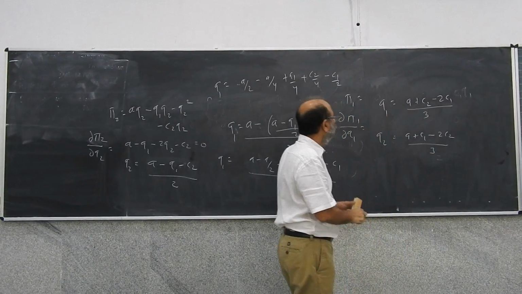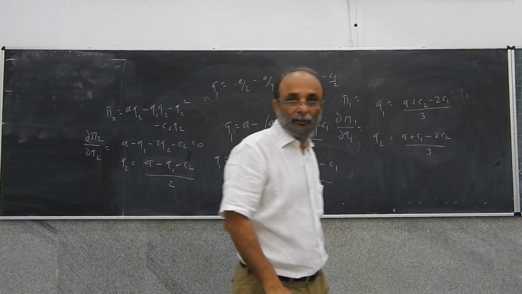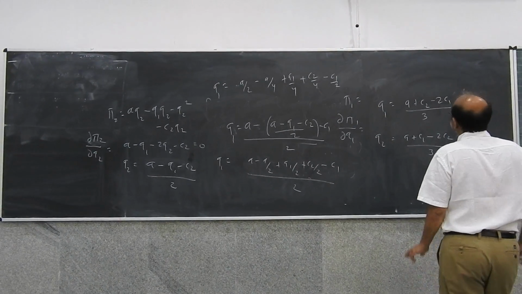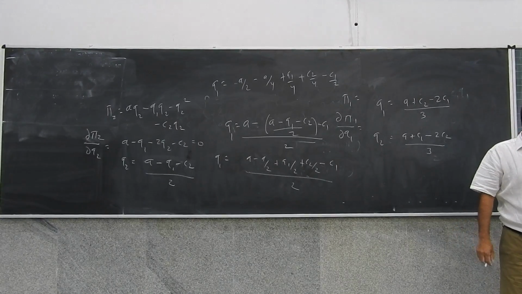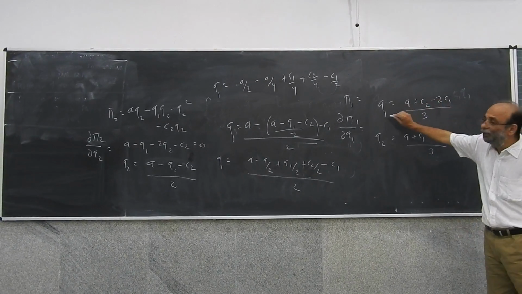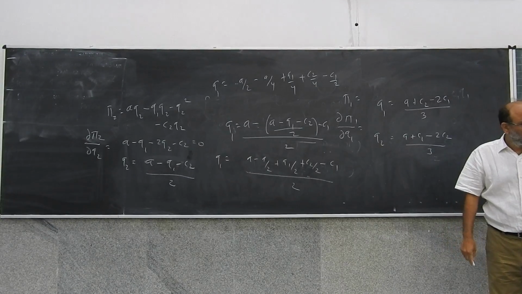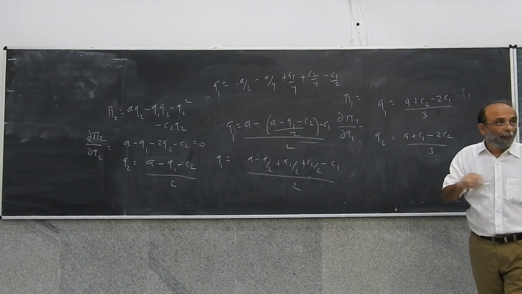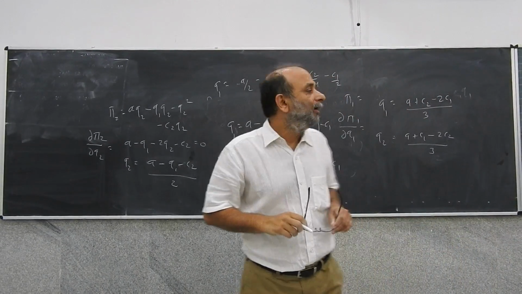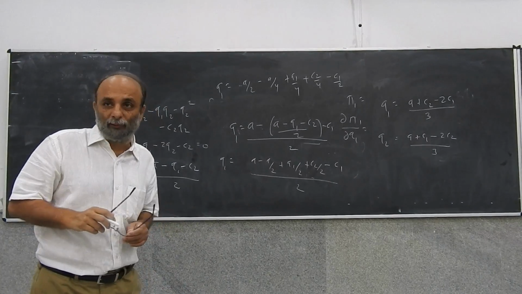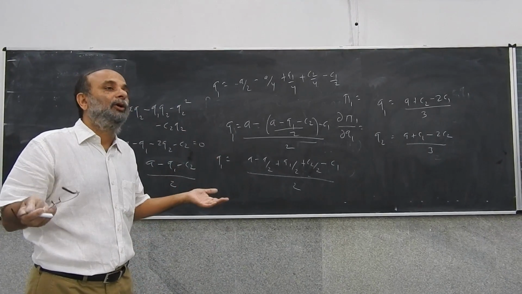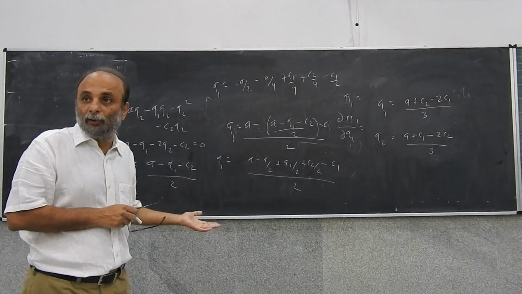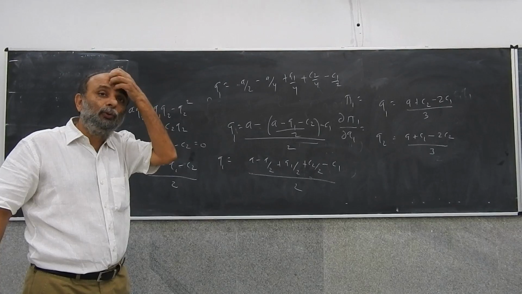So you see the logical outcome. The higher the C2, the higher is Q1. The higher the C1, the lower is Q1. You can understand why the higher the C1, the lower will be Q1, because the higher the marginal cost, the lower the output. But what do you think about C2?